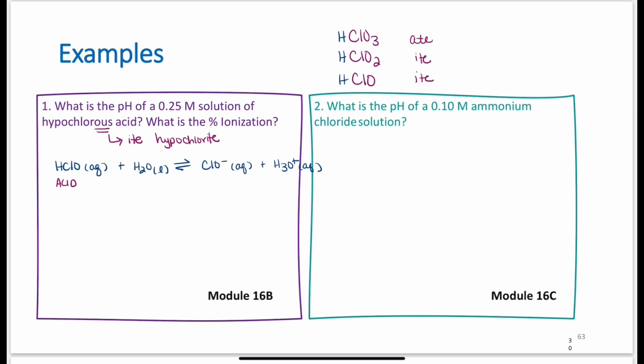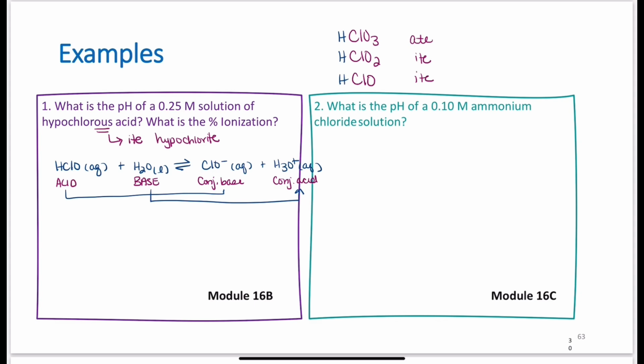Remember, the donation of the proton is the definition of the Bronsted-Lowry acid. It's donating a proton to the water, so the water is acting as a base. This is my conjugate base, and this is my conjugate acid. So again, the acid goes with the conjugate base, the base with the conjugate acid.